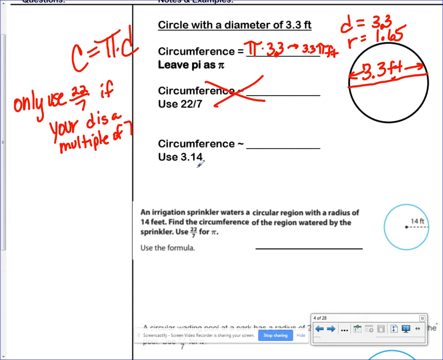Circumference using 3.14 for pi. So circumference would be approximately 3.14 times the diameter, which is 3 3/10. Oh my goodness, right now I am saying thank you, whoever invented the calculator. I can tell you this is about 3. This is a little more than 3. 3 times 3 is 9. My answer should be more than 9, but not by a lot. Maybe close to 10 or something like that.